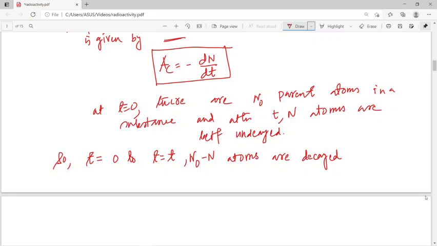The magnitude of the activity is nothing but dN with respect to dt.